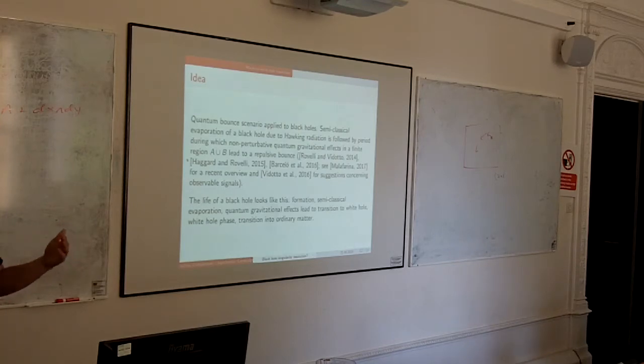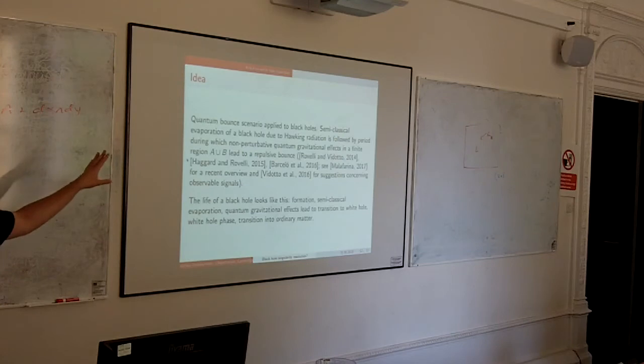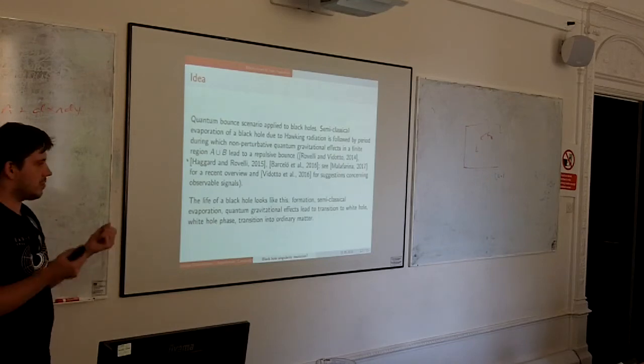And there's a physical story and a mathematical story. I will tell you the more physical side of the story first, and I will show you a relevant diagram in a second. So the idea is the following. Assume that we have a black hole which forms dynamically, and then it starts to evaporate by Hawking radiation and lose mass. The idea is that as the black hole loses mass, the strength of additional non-perturbative quantum gravitational effects will increase.